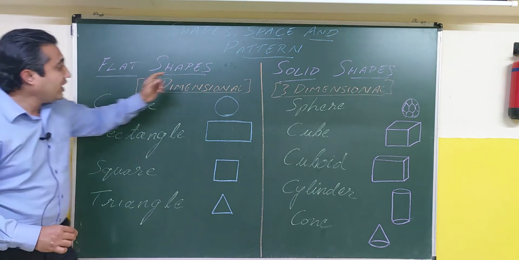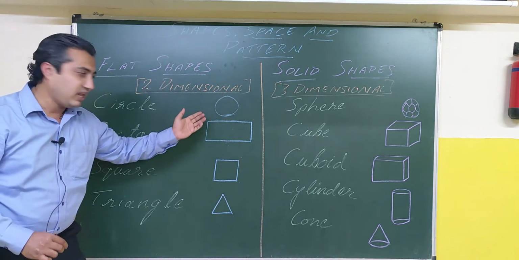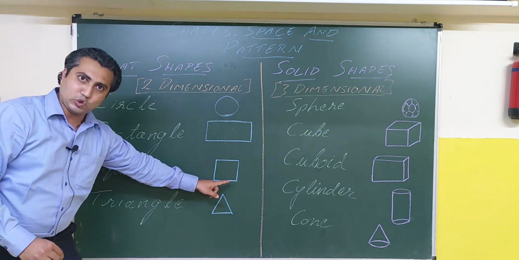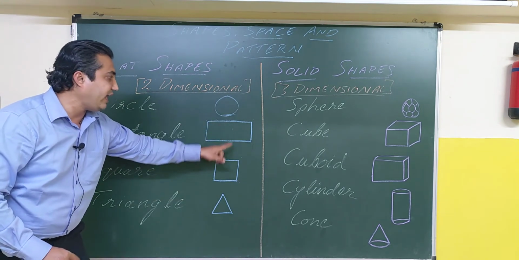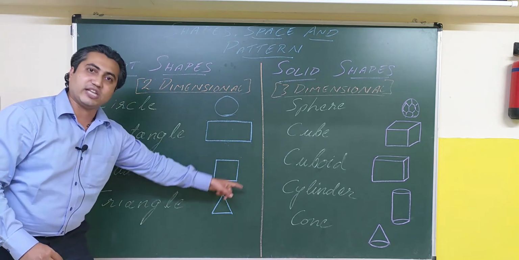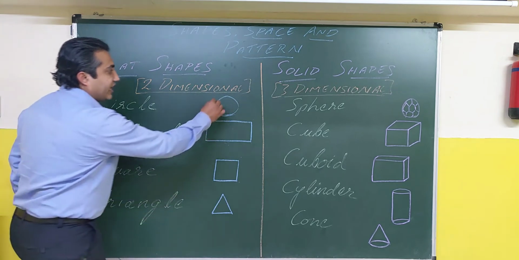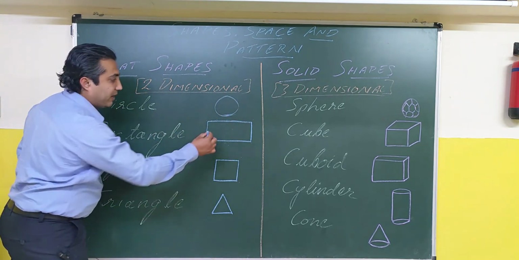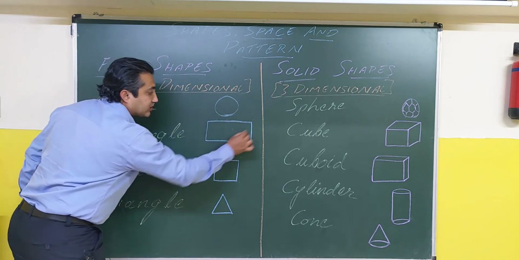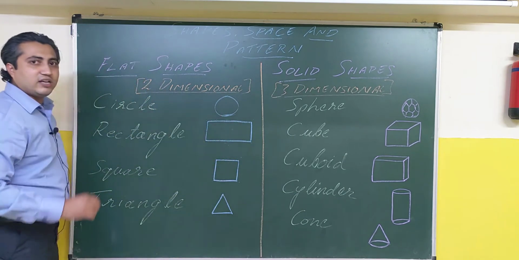So a round figure is a circle. A box like figure is a rectangle or square. Rectangle has only opposite sides equal, but square has all 4 sides equal. There are no corners in a circle, but in a rectangle and square there are 4 corners and 4 sides.